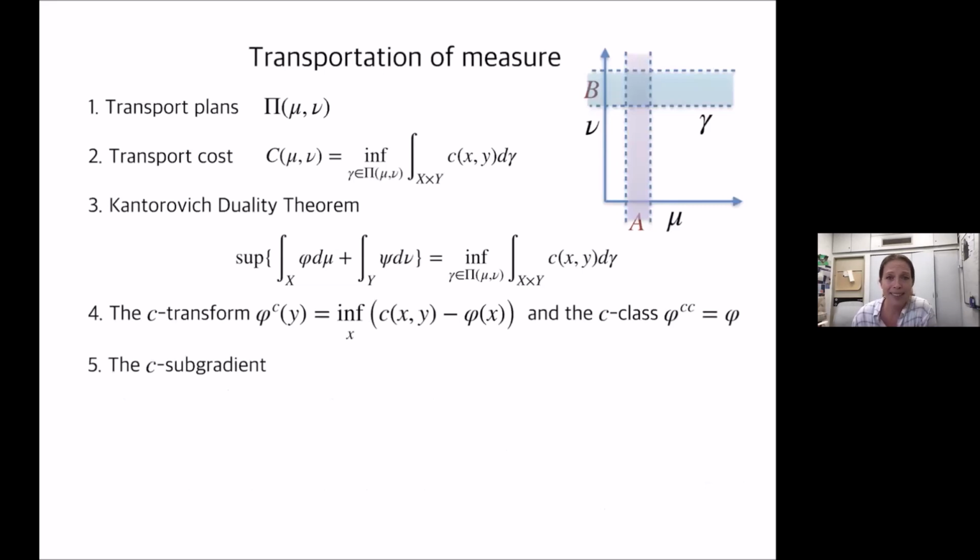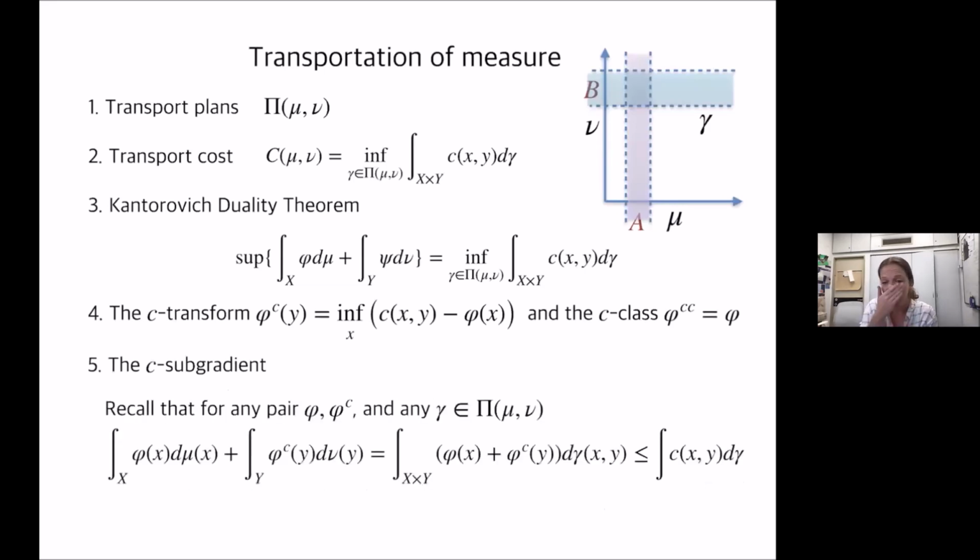Now, the fifth thing still in the background is what a c-subgradient of a function is. So let's go back to the proof I showed you for the Kantorovich duality theorem, one of the directions, one inequality. The theorem is an equality, but one inequality I showed you holds trivially.